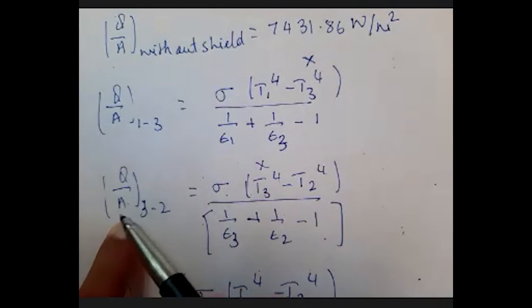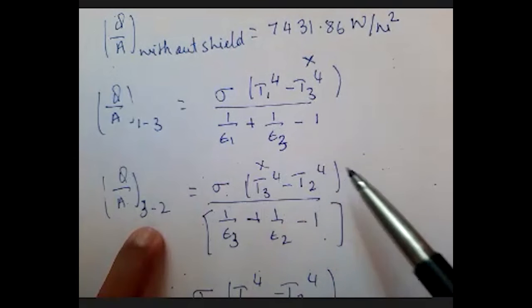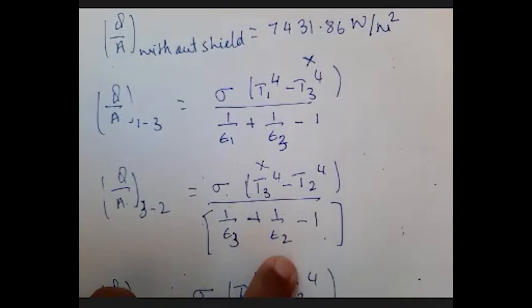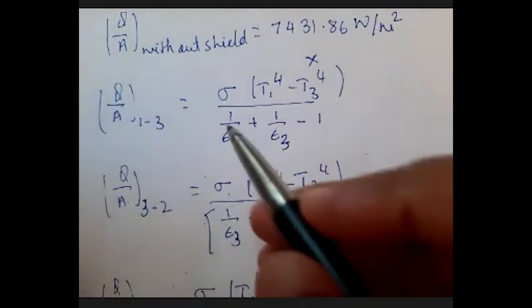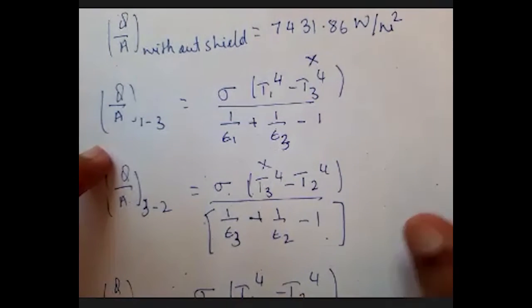Similarly, q by A from 3 to 2 is sigma T3 raised to 4 minus T2 raised to 4 divided by 1 upon emissivity 3 plus 1 upon emissivity 2 minus 1. So to find out T3, the shield will be in such a way that these two equations are equal.